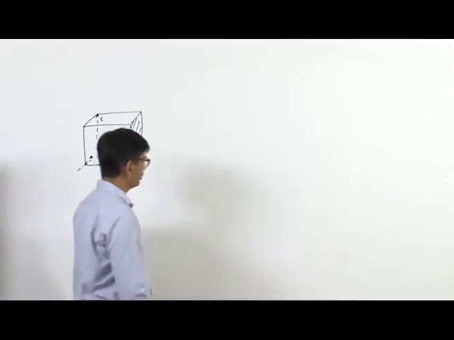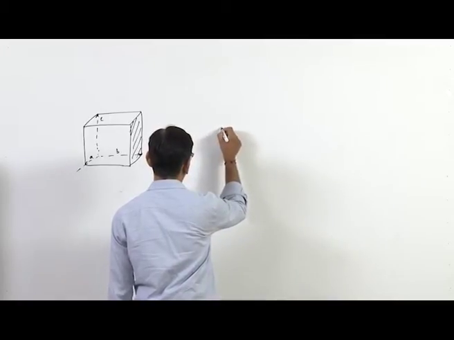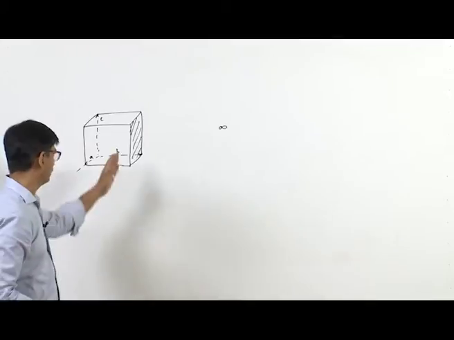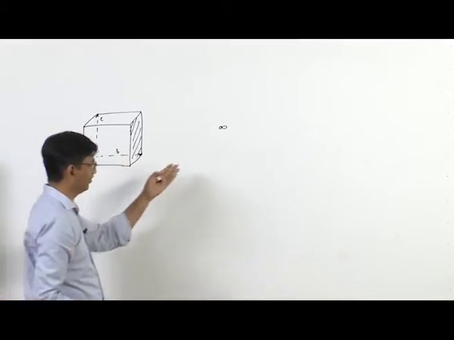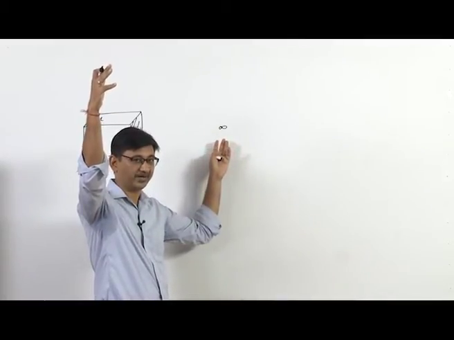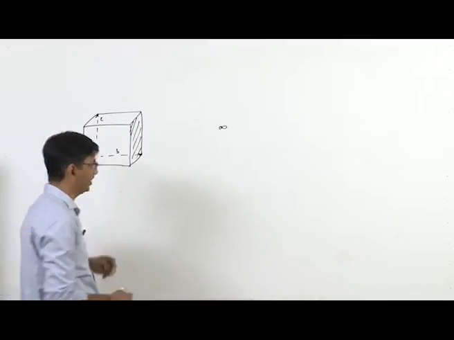If I want to write the intercepts, in case of A there is no intercept; basically the intercept is at infinity, because both the plane and the direction are parallel. Then we say that they are going to intersect at infinity.